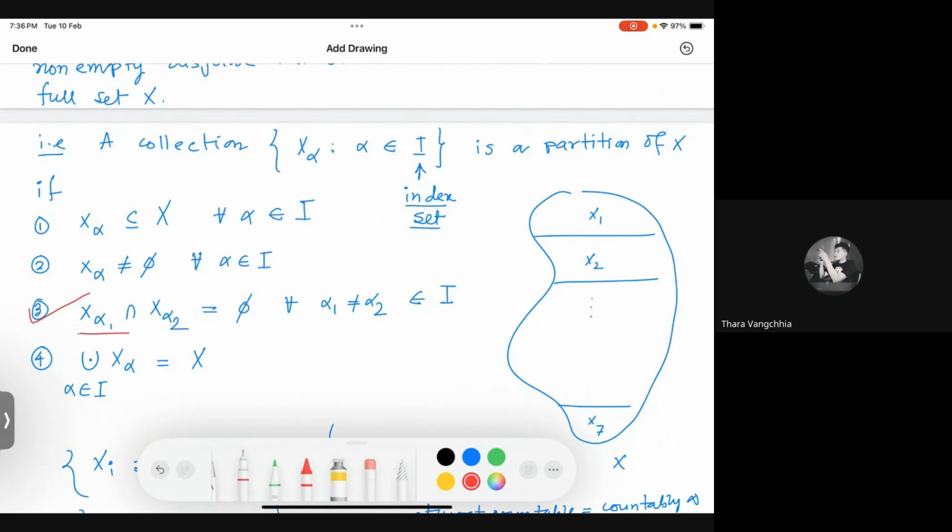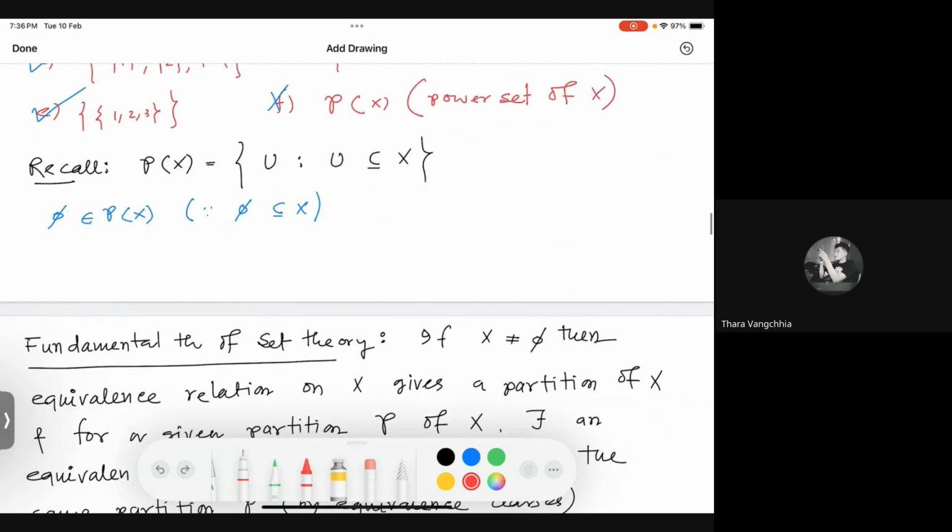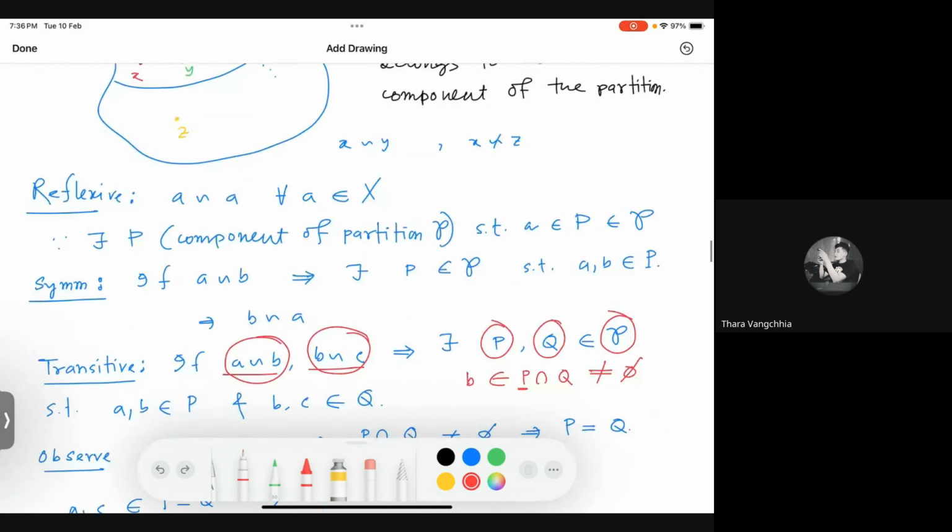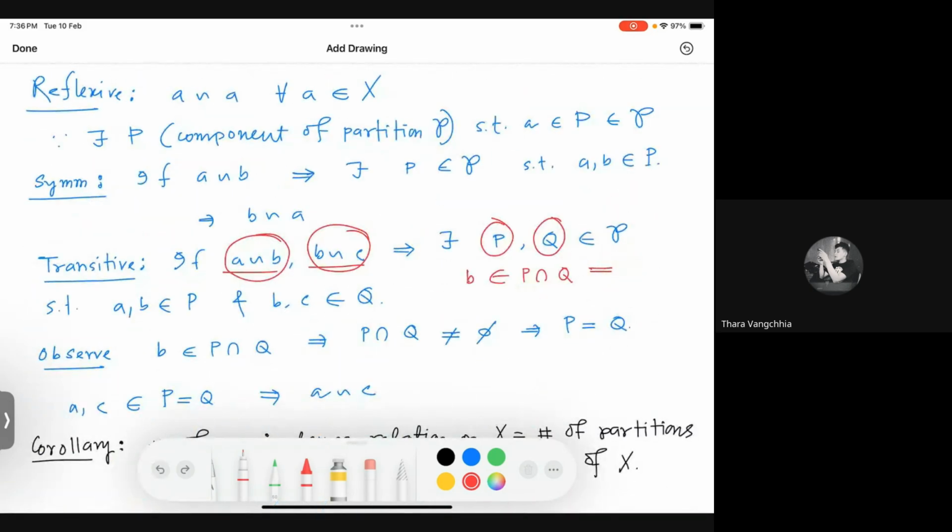Every distinct component, if you take the intersection, will be empty. So since P intersection Q is non-empty, it means P is equal to Q. So A and C belong to the same component P. So from here I can say A is related to C.